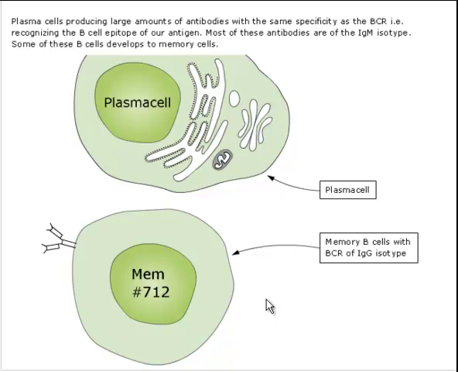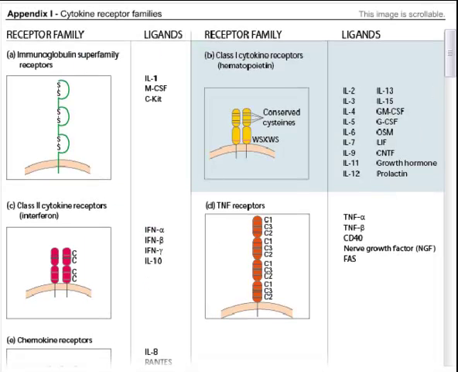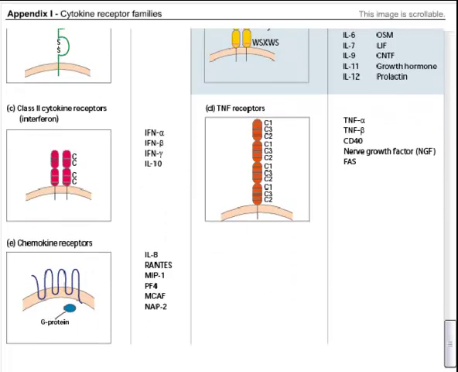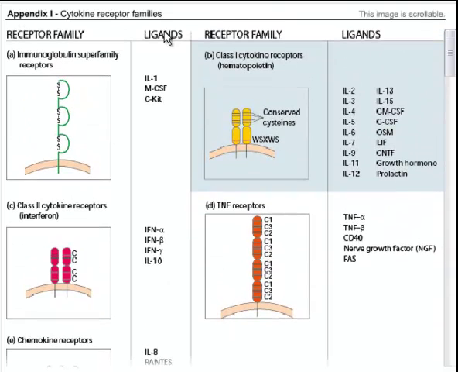So the next time that foreign invader comes in, there's a much higher likelihood that that memory cell is going to find and recognize that antigen very quickly and start mass producing the antibodies again so that you can fight the infection very quickly the second time around. Okay, so this is just a summary of the different components that you'll see involved in the immune response.